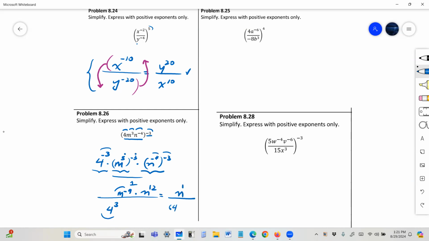The n to the 12th power is already positive, so it stays in the numerator, but the m to the minus 9 must go to the other side of the fraction because the exponent must be left positive as the final answer. So the final answer is n to the 12th over 64 m to the 9th. Okay? All right, very good. Let's do 825.